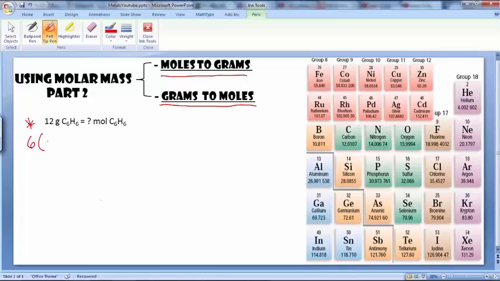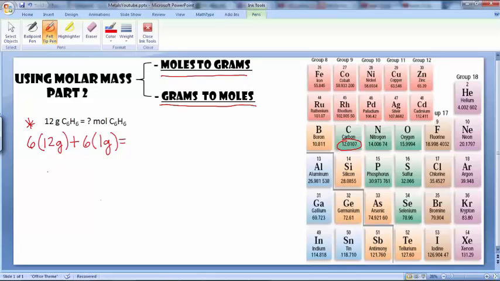We have 6 atoms of carbon, and like I said in the previous video, you use your atomic mass from the periodic table. So we're going to round that and say that's 12 grams, plus we have 6 atoms of hydrogen, and the atomic mass of hydrogen is 1 gram.